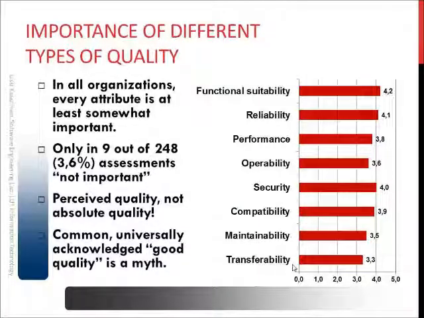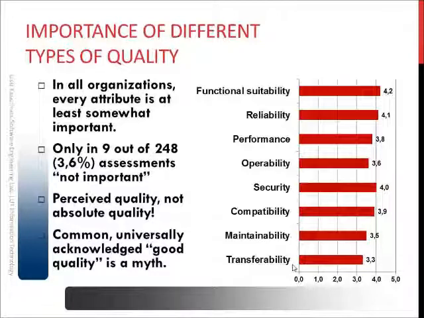Only in 1 company did all the employees pick the same quality attribute as their first, most important attribute. It was reliability. But on the other attributes, they had different opinions.